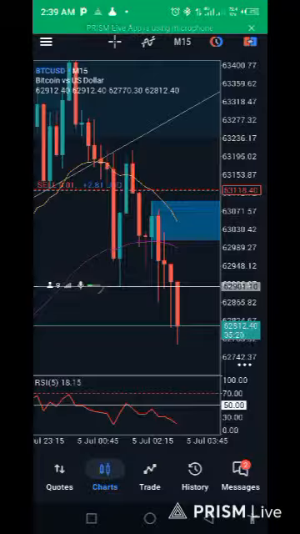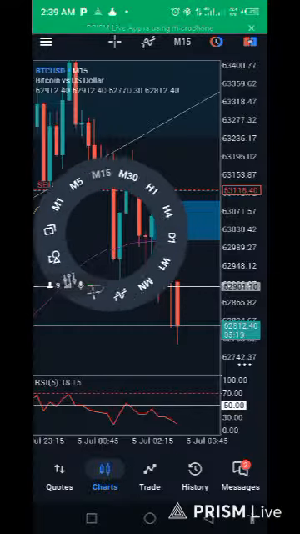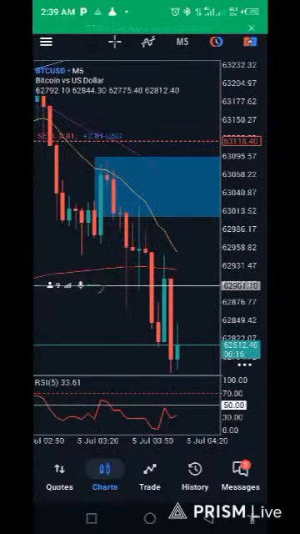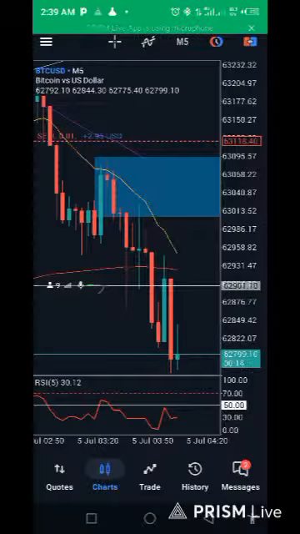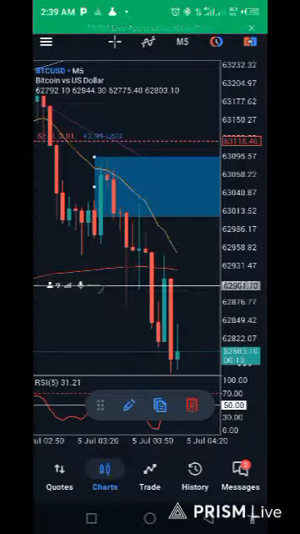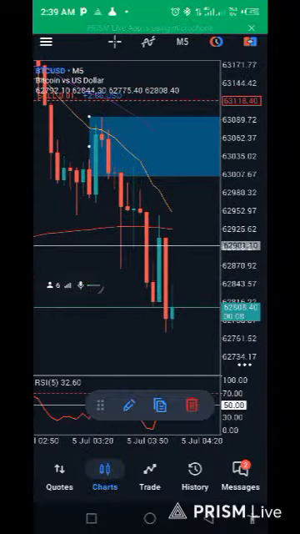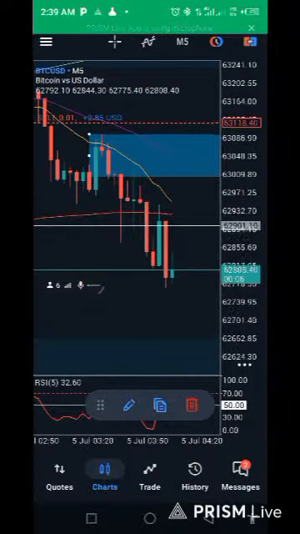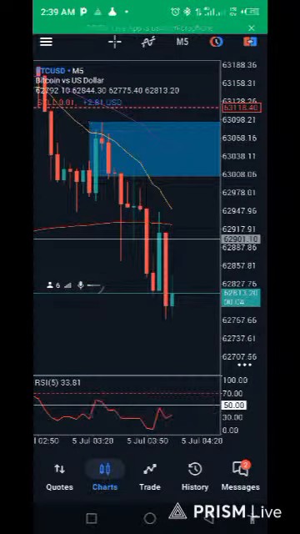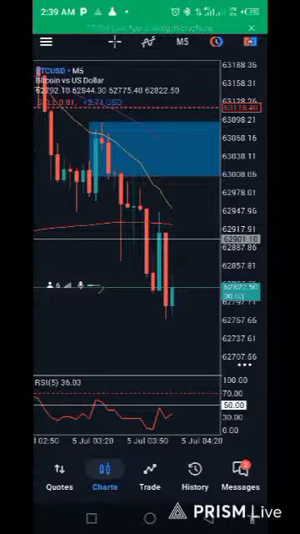If you want to see the order block very clearly, you can go to a 5-minute time frame. Wait for it to retest, and you can see my moving averages.